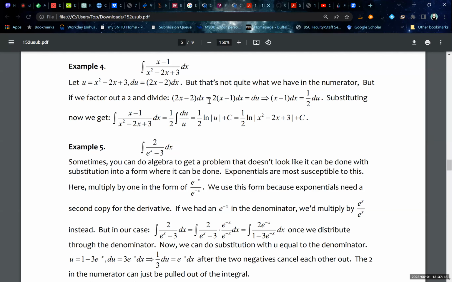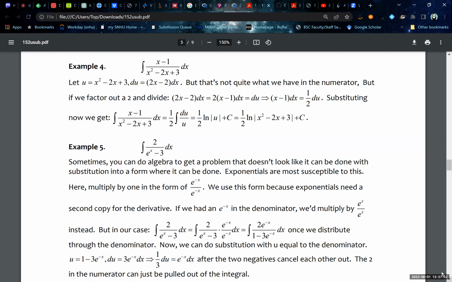So you can factor out the 2 and move the 2 to the other side so that you get 1/2 du to replace the x minus 1 dx, the numerator and the differential portion. And then you're just left with, as your coefficient, your extra half. du over u is what you end up with. And then you end up with log of u plus c. And then you put your u back.